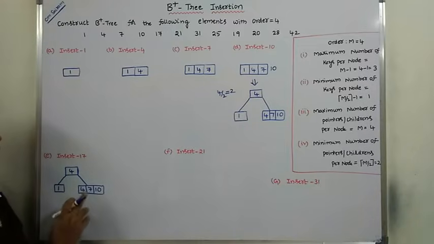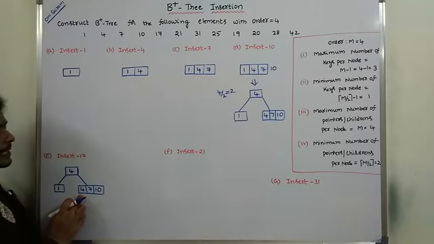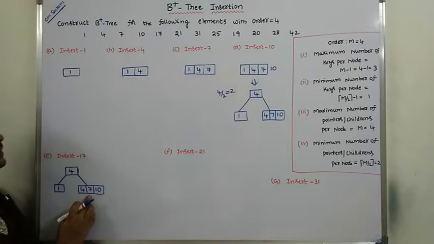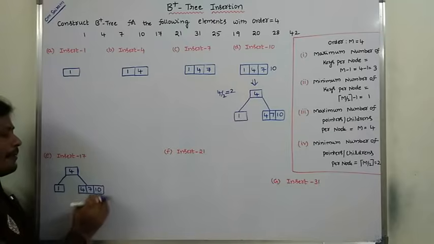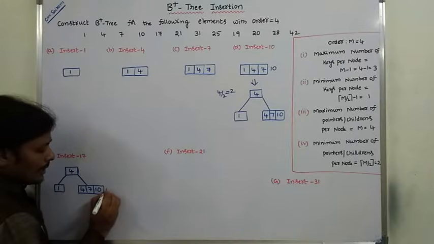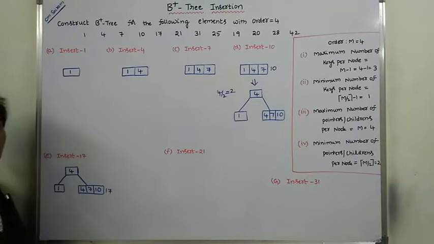That node contains 3 key elements 4, 7, 10. Now 17 is compared with 4. 17 is greater than 4. Go to the right. 17 is compared with 7. 17 is greater than 7. So go to the next element. 17 is compared with 10. 17 is greater than 10. So now 17 can be inserted to the right of 10.